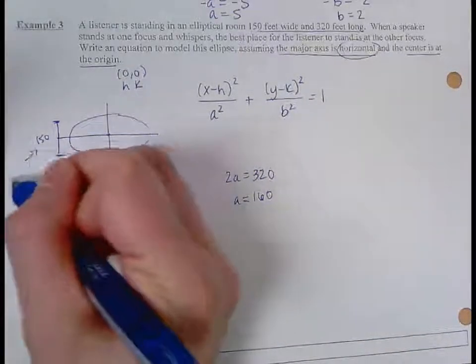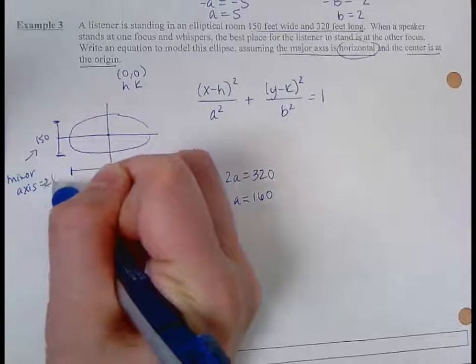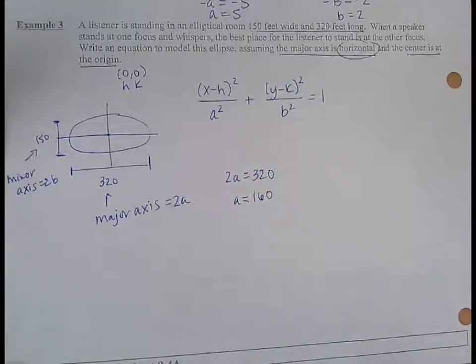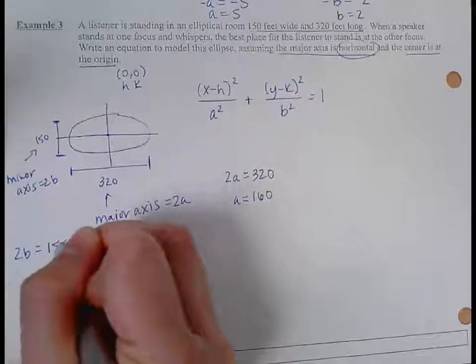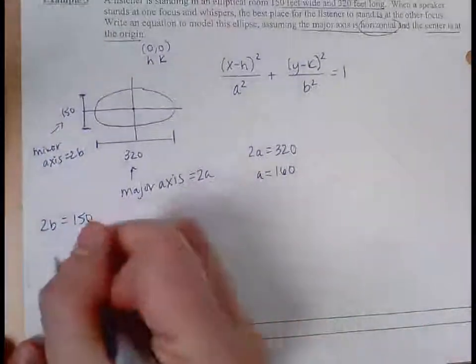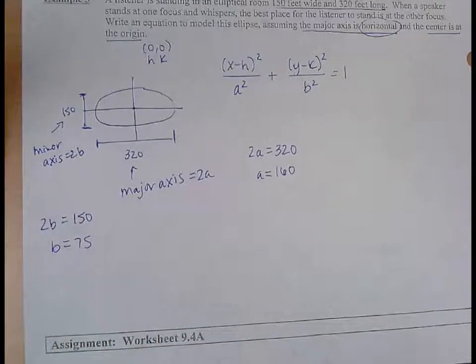The 150 is the minor axis, and that's 2 times b units long. So I know that 2b is equal to 150. If I divide by 2, that makes b equal to 75. Sometimes you are given the actual lengths of those segments, and if you know the lengths, you just divide by 2 to find your a or your b.